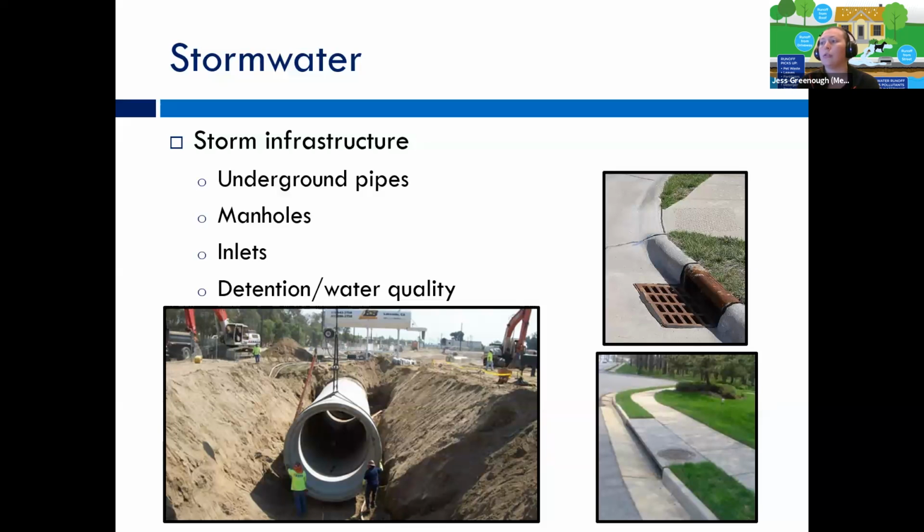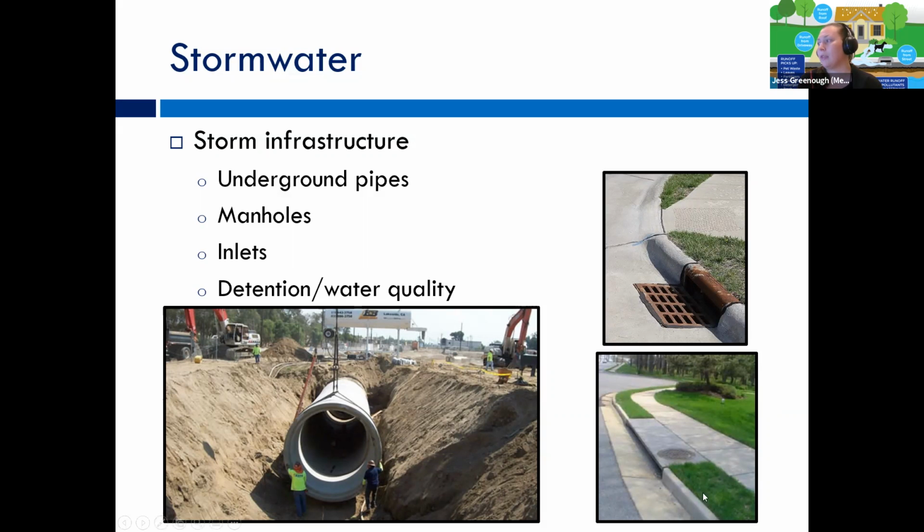So what we do is we create a series of storm infrastructure to handle, divert, and direct that water away from where people are, away from where houses and vehicles and things like that are, and back to somewhere that water likes to be, like a natural creek or river or lake. So we do that by installing a series of underground pipes, storm inlets.